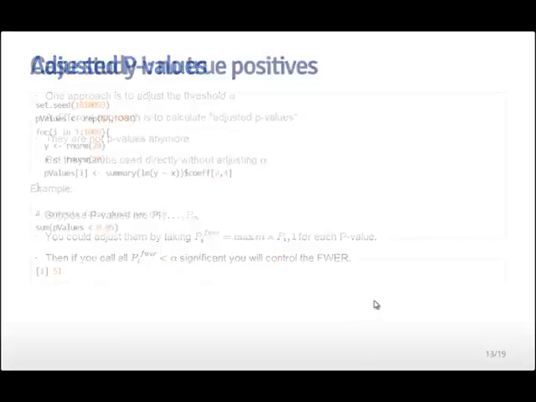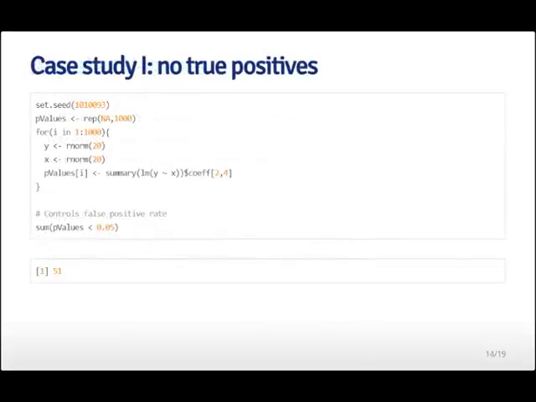Here's an example with no true positives. In this case, I've simulated 1,000 data sets. In each case, I generate a normal y and a normal x that have no relationship to each other. Then I fit a linear model relating y to x and get the coefficients. I take the summary of that linear model and get the coefficient matrix.